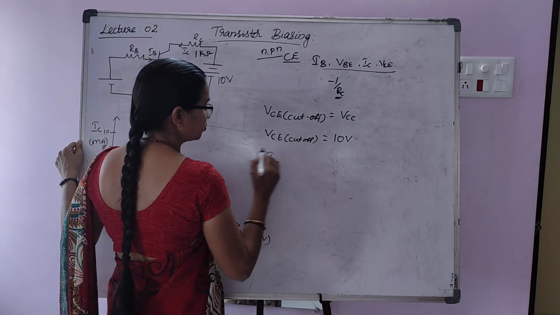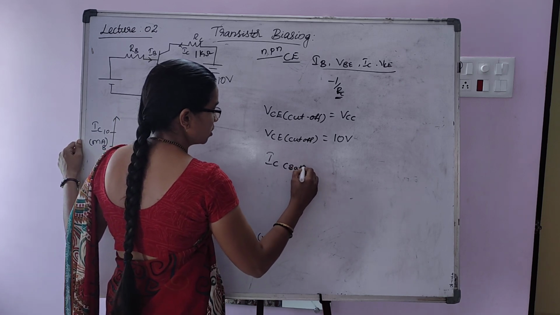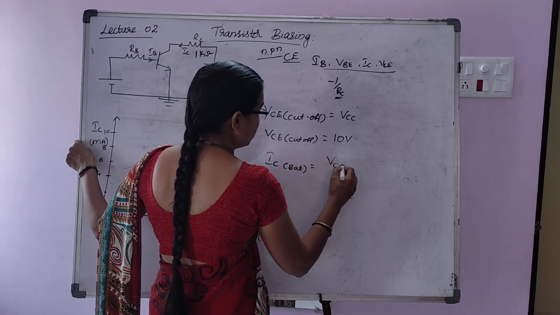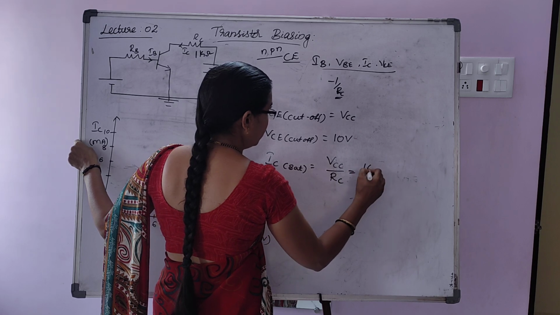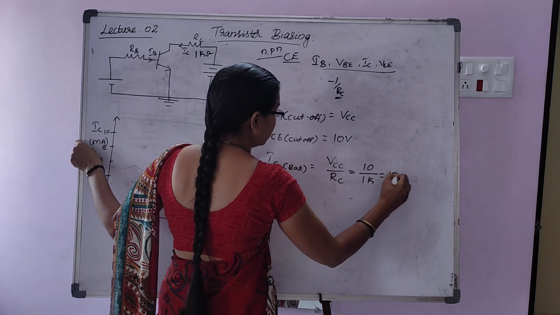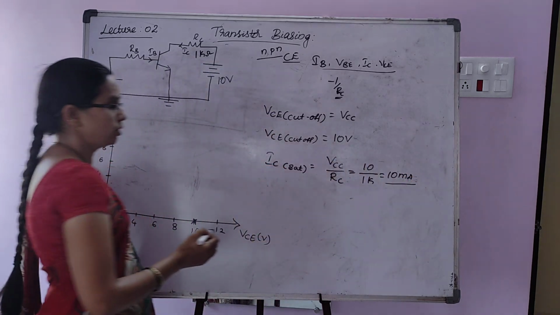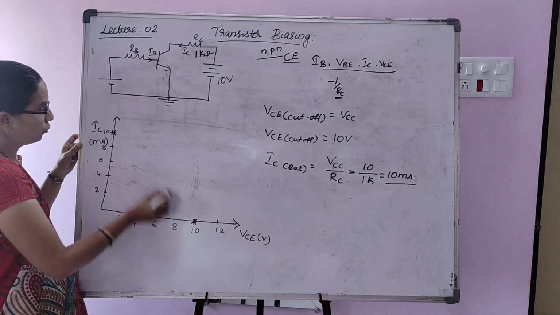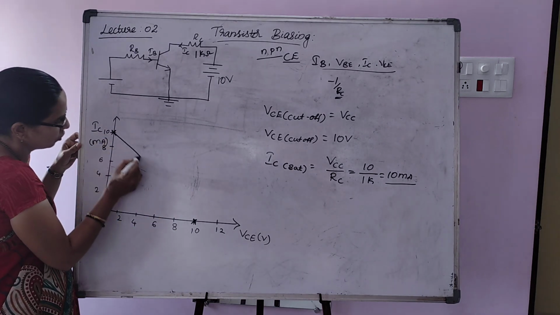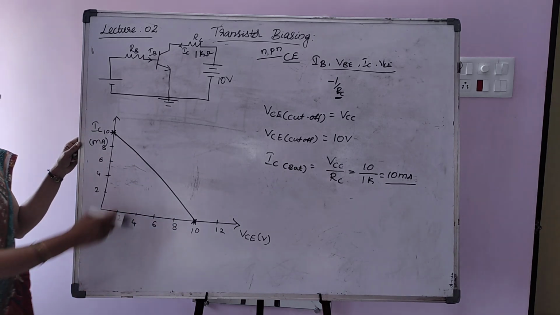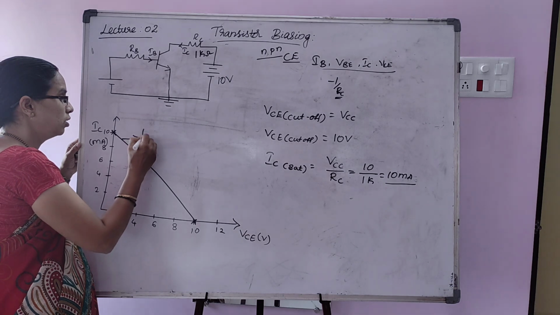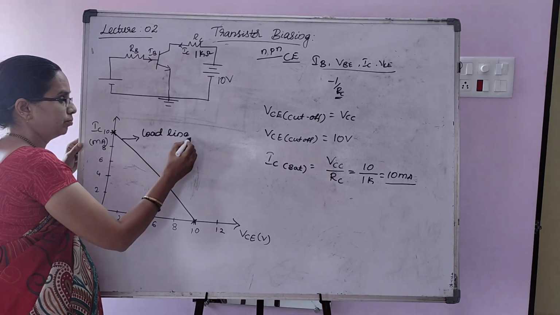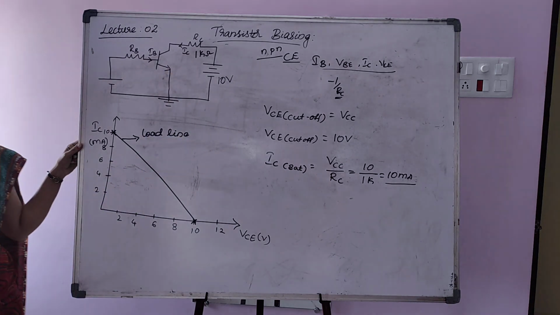And IC saturation, where the x component will be 0, is VCC by RC: 10 divided by 1 kilo, that is 10 milliamperes. This is the other endpoint of the load line. If you find the endpoints, you can draw a straight line between them. This was the load line drawn for the first circuit, where the RC value was 1 kilo.